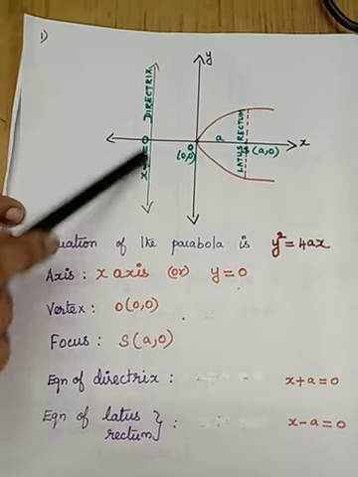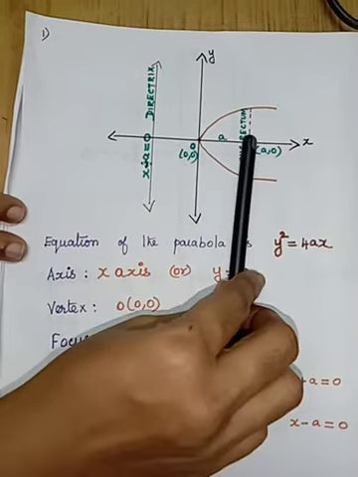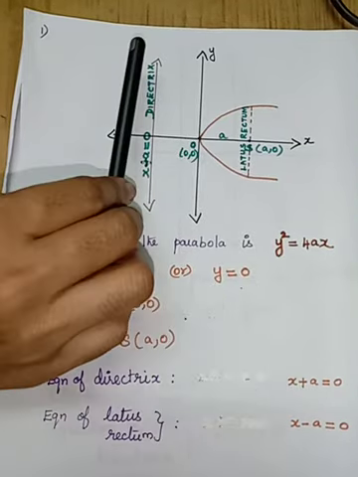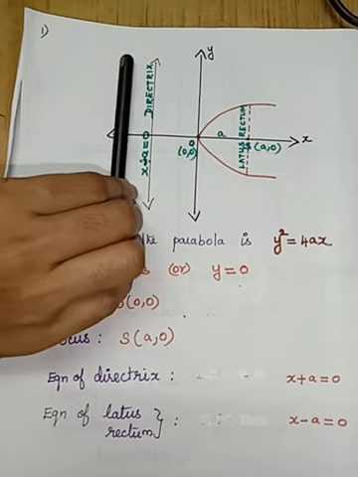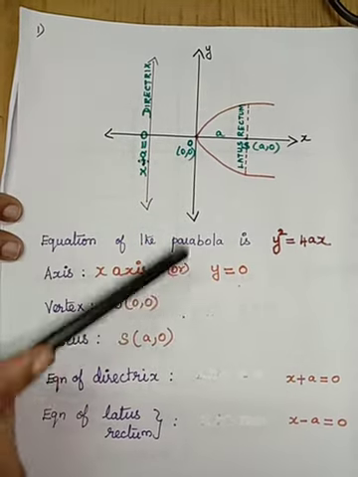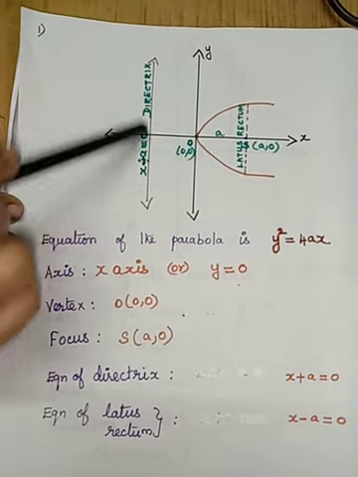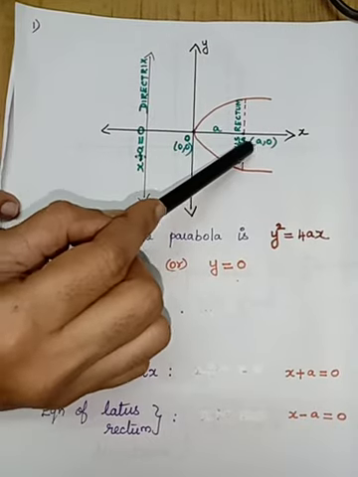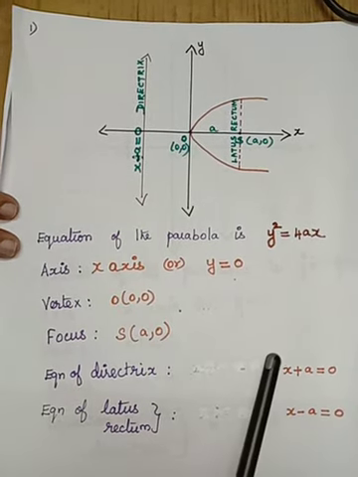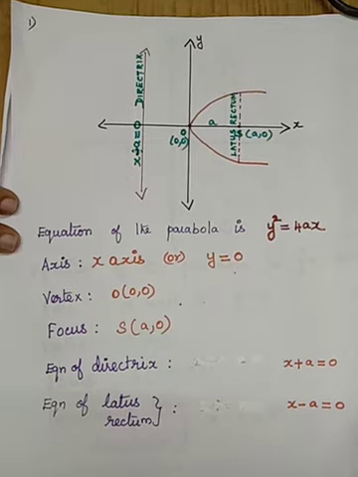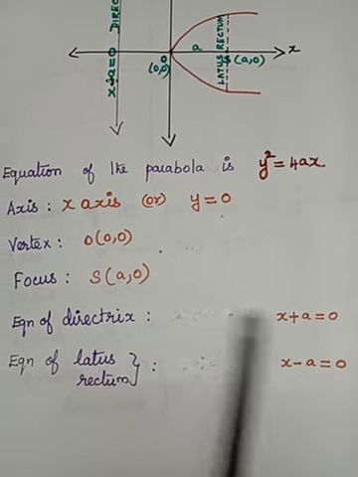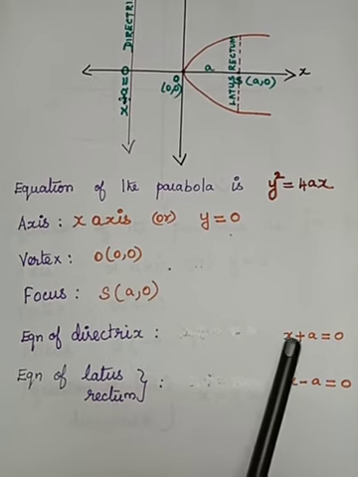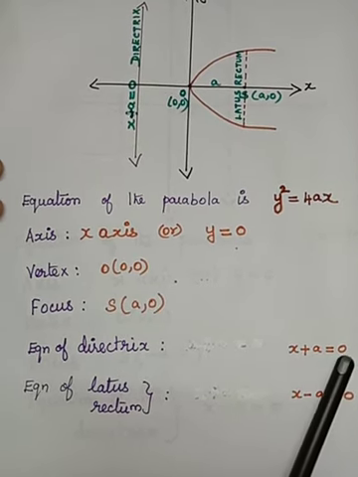The focus is on the positive side of the x-axis. Now the directrix is a line which lies opposite to it, that is, on the negative side of the x-axis. So it is the line whose equation is x equals minus a. When you bring it to this side, it is x plus a equals 0. So the equation of the directrix is x plus a equals 0.